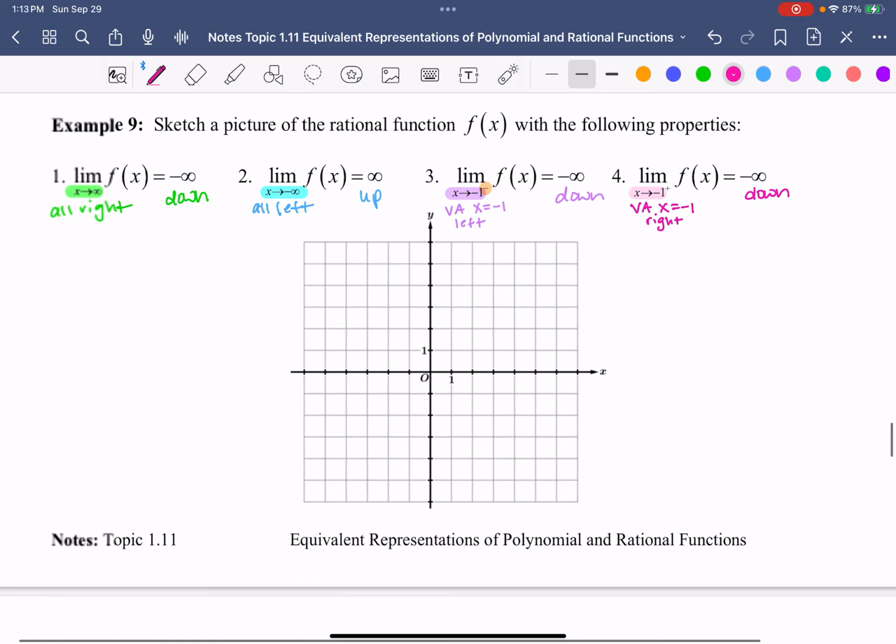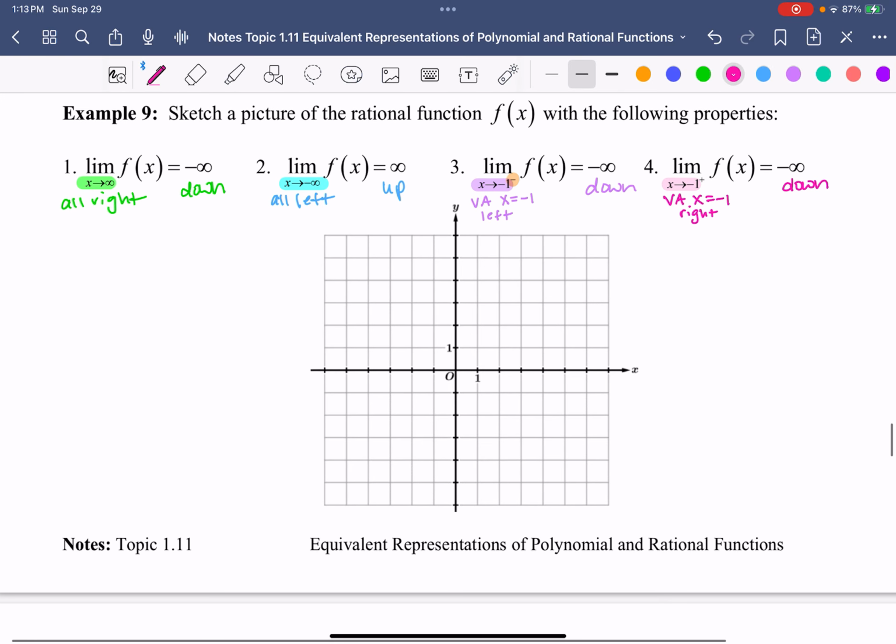So what I'm going to do first is just kind of draw and see if I can put the pieces together. Okay, so all the way to the right, we said that we are going down. So all the way to the right side, I can draw an arrow going down. We'll connect the pieces later. All the way to the left, we are going up.